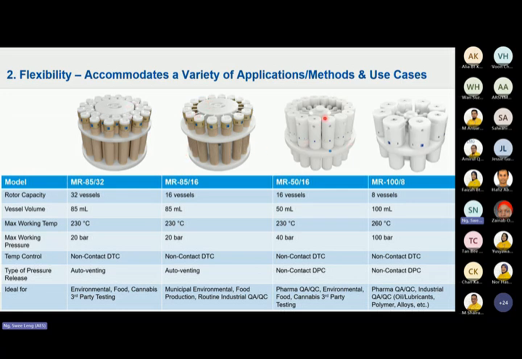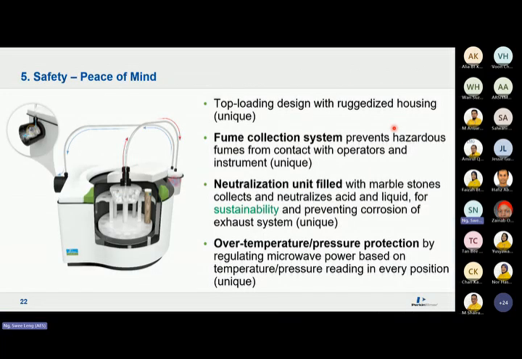This one you will enjoy a pressure of 40, and with this one, your sample amount is less, but you enjoy a high pressure system. So we are the only vendor that actually promotes environmentally friendly.